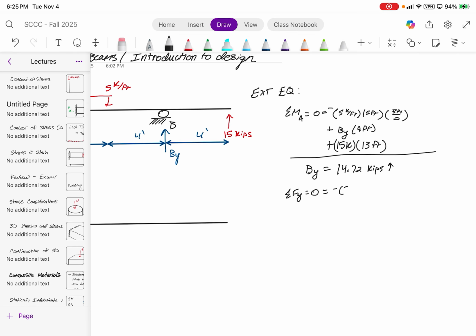You have negative 5 kips per foot times 5 feet plus Ay plus 14.72 plus 15, and you should get that Ay is equal to negative 4.72 kips, which indicates it's going downwards.